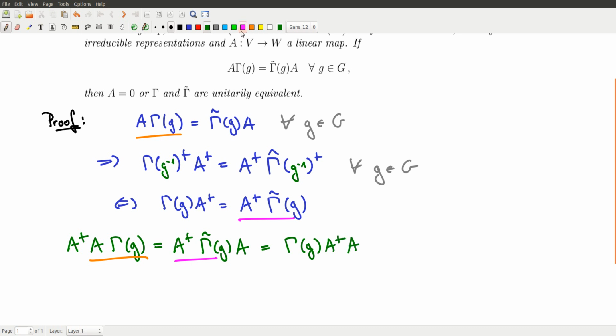And what happened? We just took the A dagger A and commuted with the gamma of G. So according to Schur 1, A dagger A is a multiple of the identity.